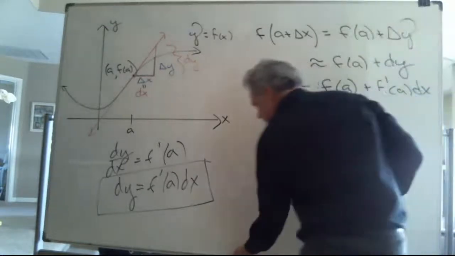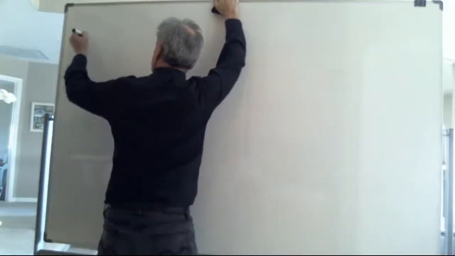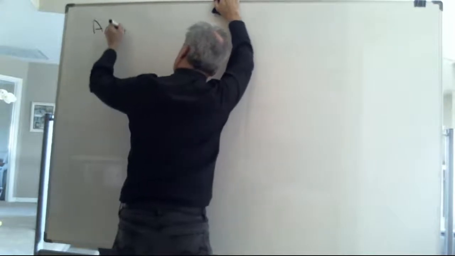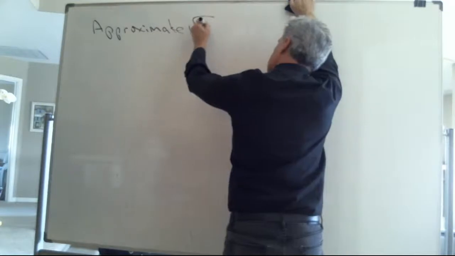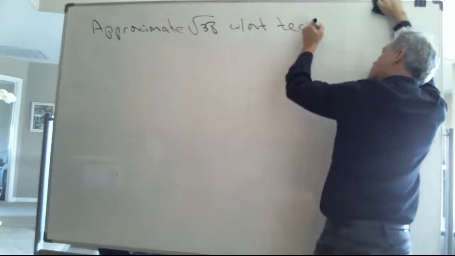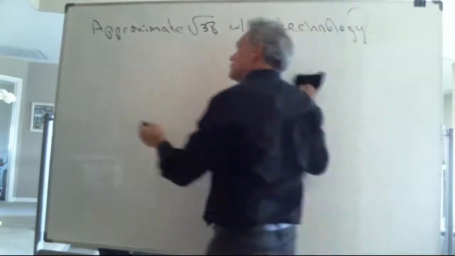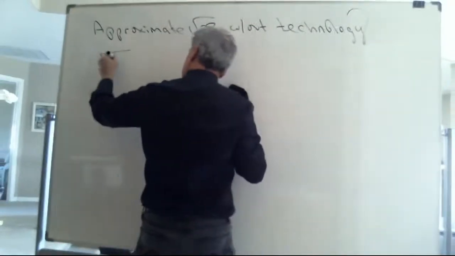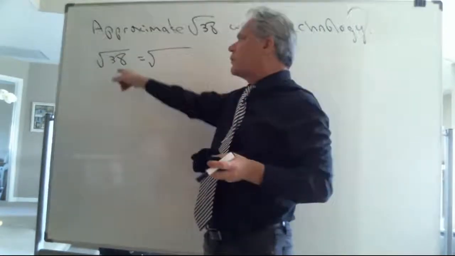Let's actually do it. Let's pick the closest perfect square to 38.